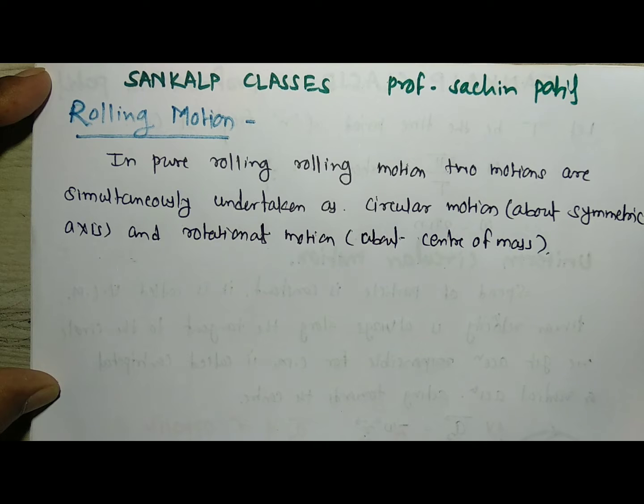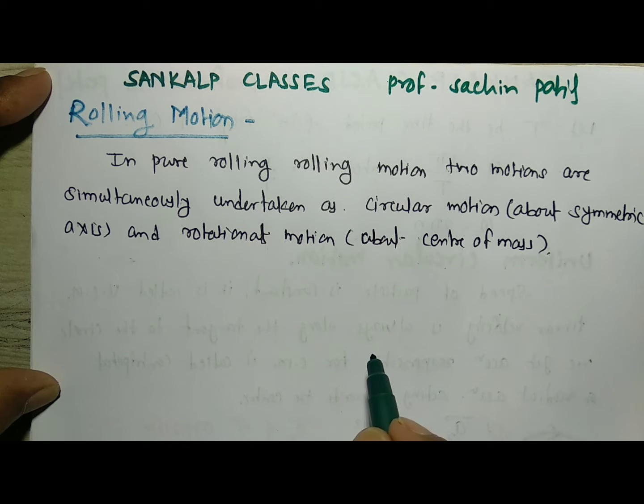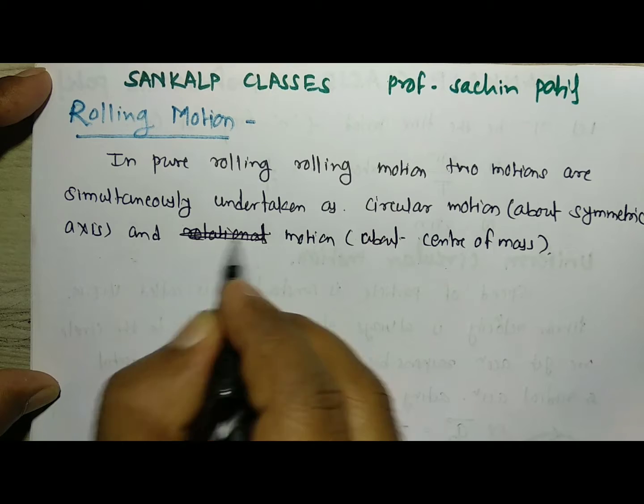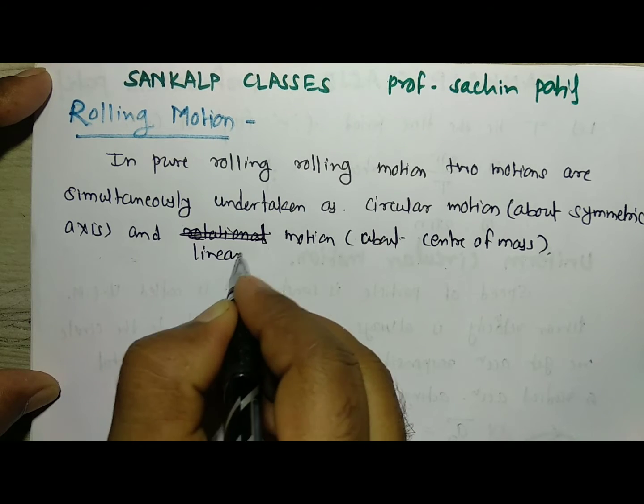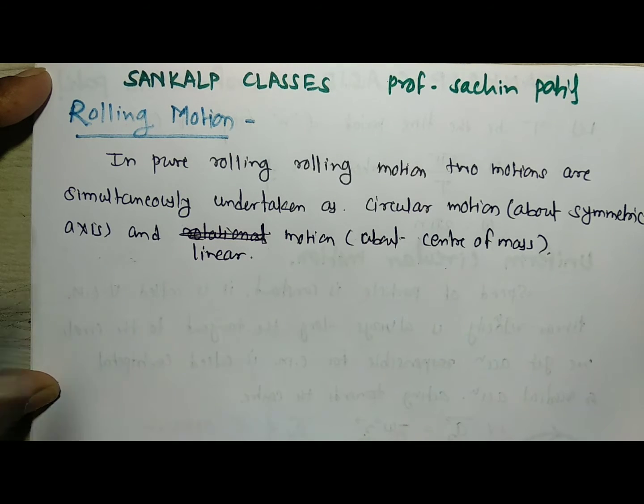What does it mean? When a body is performing a rolling motion, it has two types of motion: a linear motion and a circular motion.